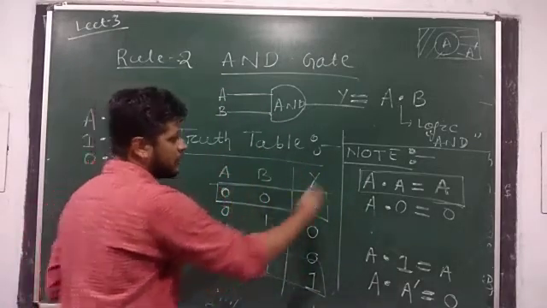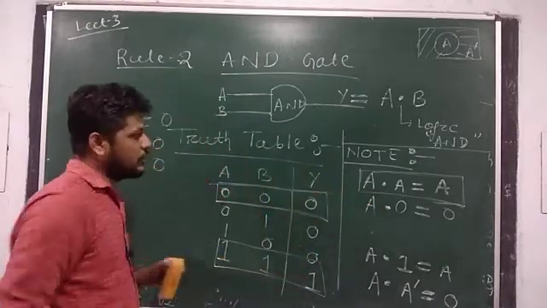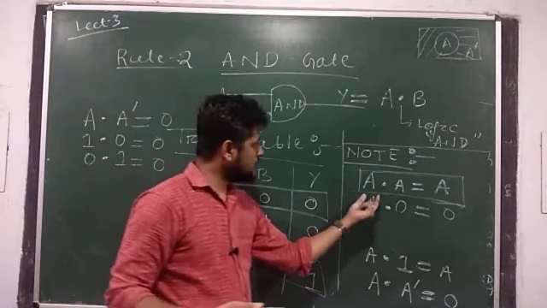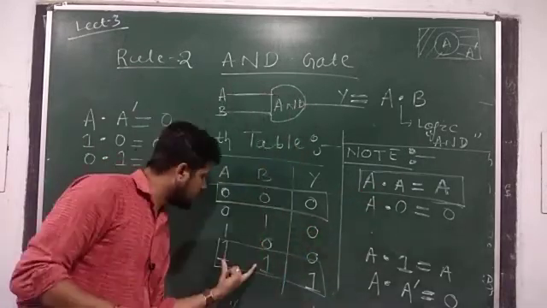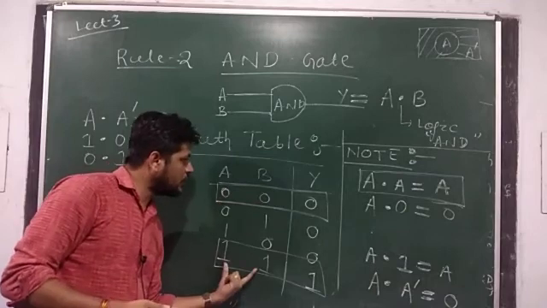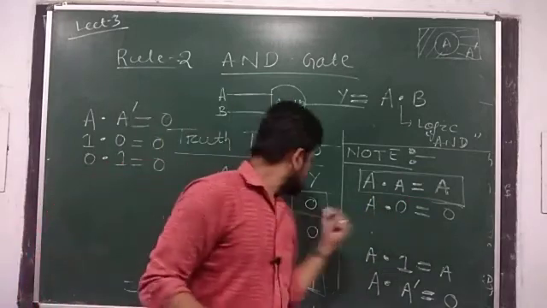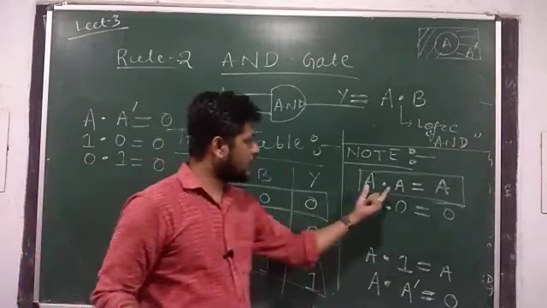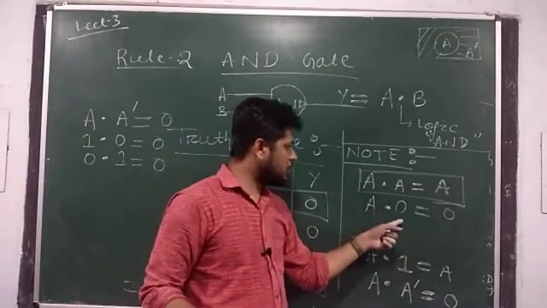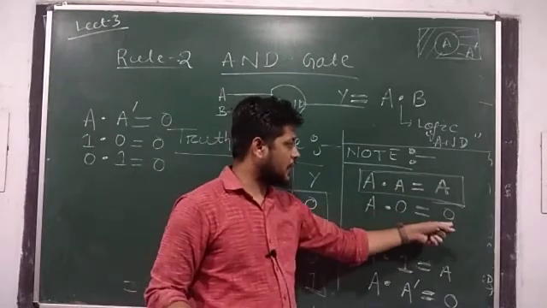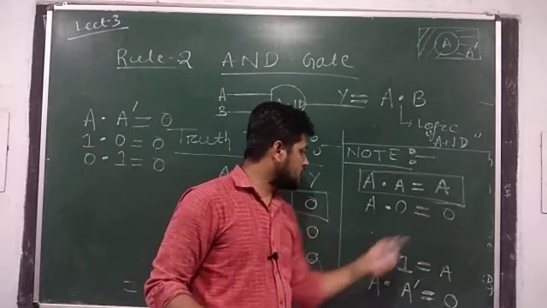We are drawing this conclusion from the truth table. See once again, if both the inputs are equal, that is 0 0 or 1 1, output will be 0 or 1, that is, if both the inputs are A, the output will be A. If one of the inputs is 0, in case of AND operation, the output will be 0.